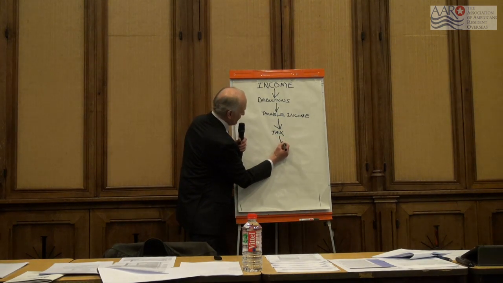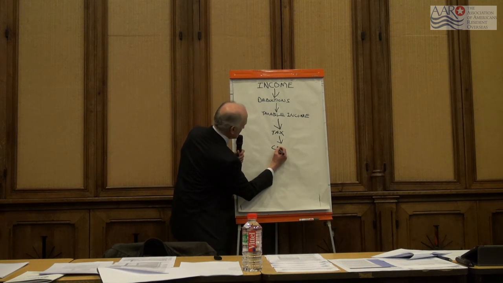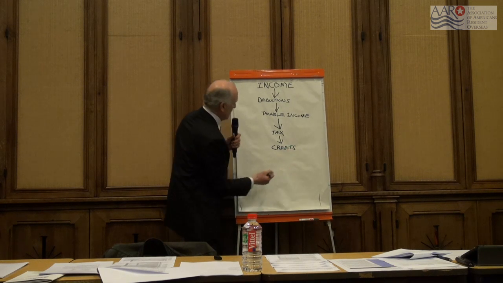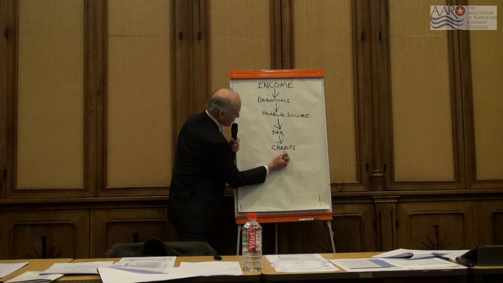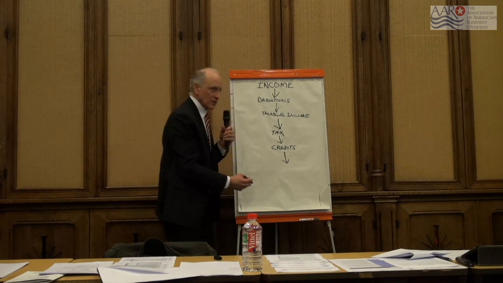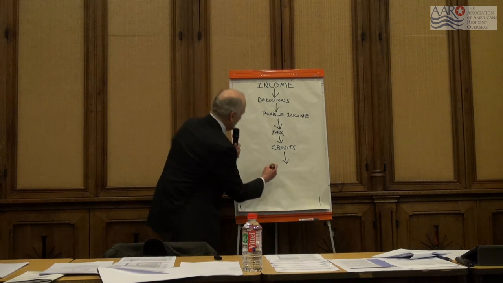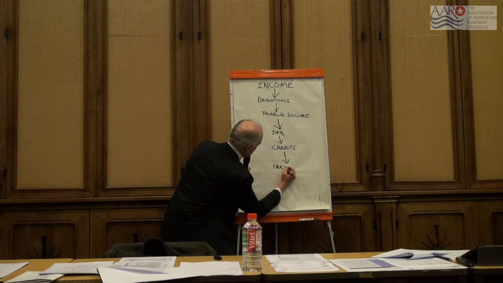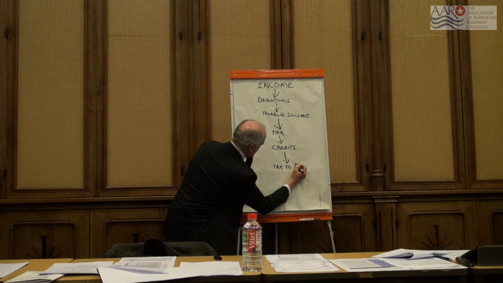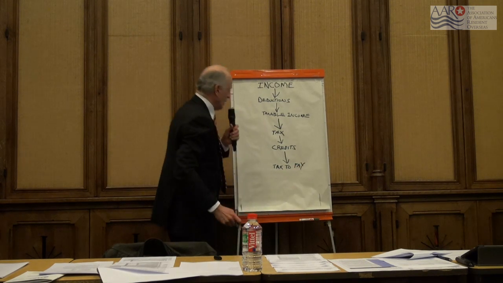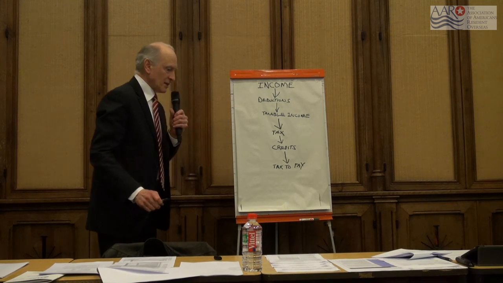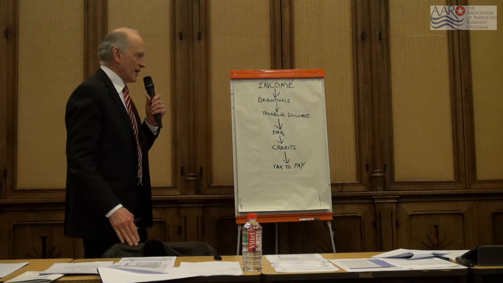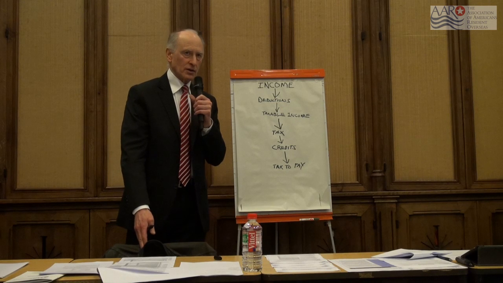And so then after you get to your tax, you've got your credits. And after you take away the credits, you end up with the tax you actually have to pay. And so that's basically the way the U.S. income tax system is structured, and it's basically the way the French income tax system is structured.